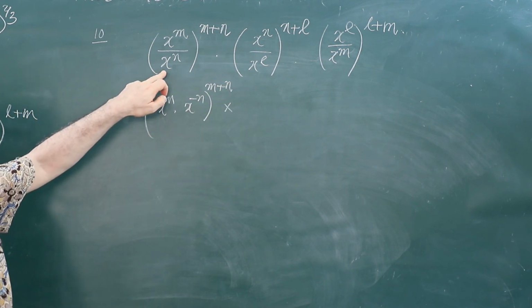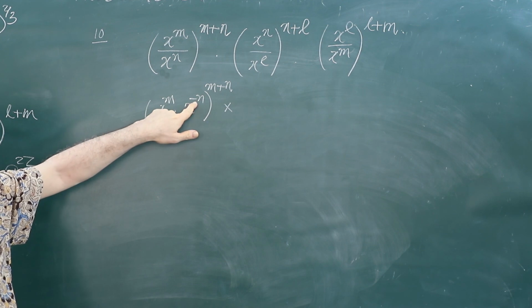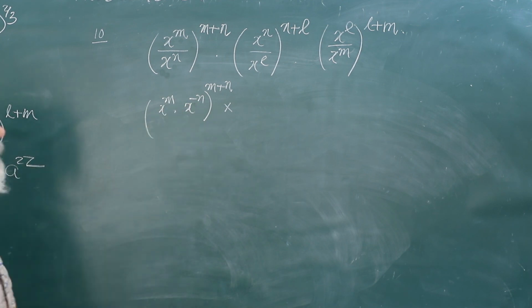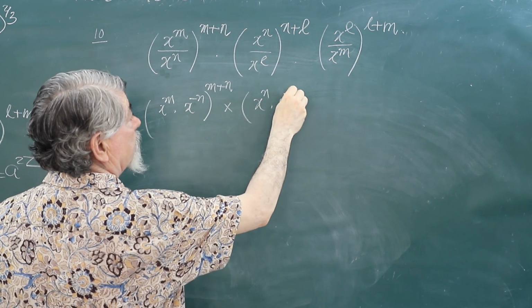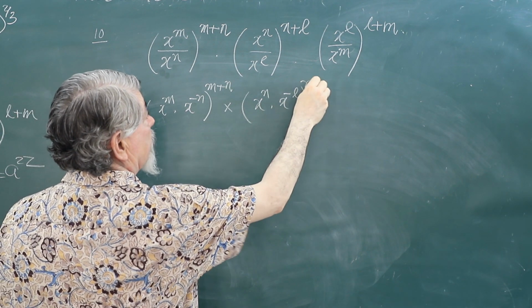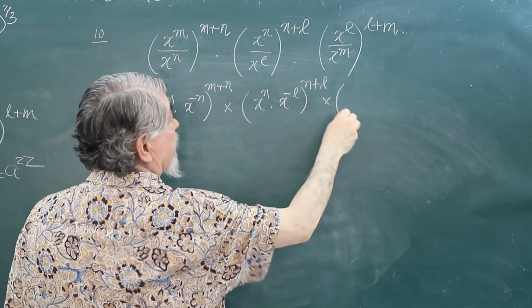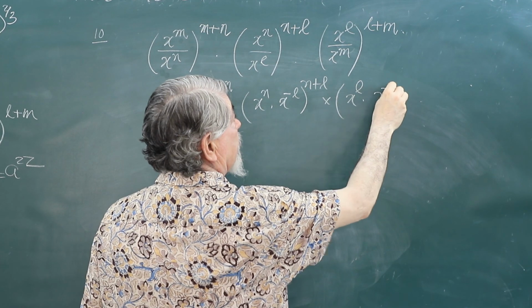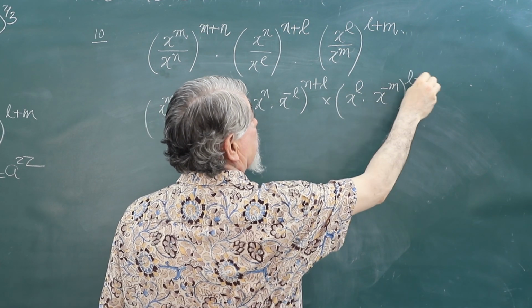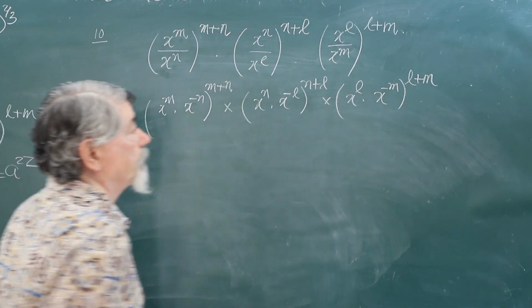We have taken from the denominator to numerator, so the sign of the power or index changes. Similarly, x to the power n minus l, n plus l, into x to the power l minus m, l plus n.